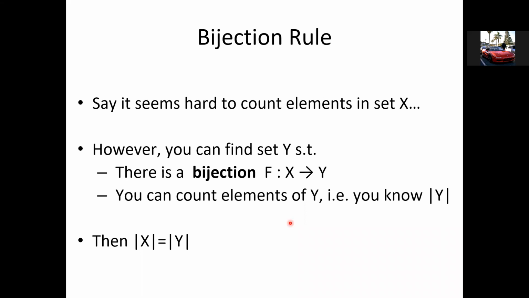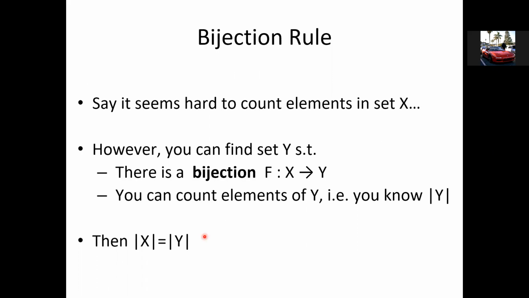The simple fact, if you remember from functions, is that if you have 2 sets and a bijection between them, namely a function that is one-to-one and onto, then the cardinality of these two sets must be identical. A bijection is a one-to-one correspondence that can be inverted. So to everybody in X, there is someone in Y, and vice versa. So they can be paired up. They are sets of the same size.